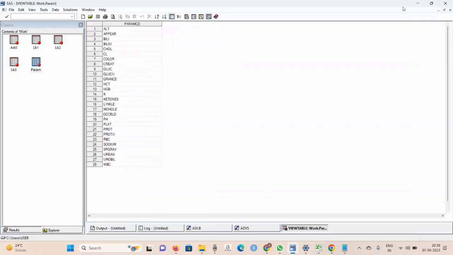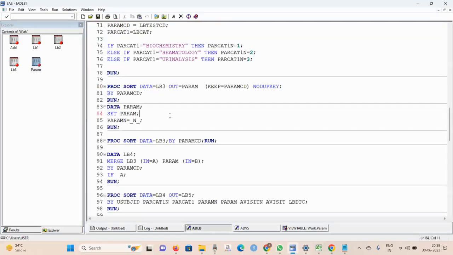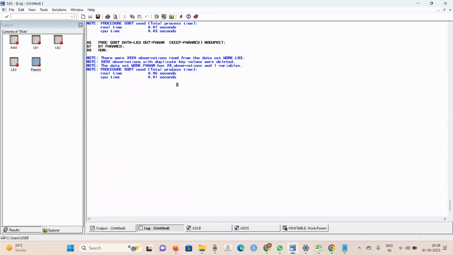So basically what I did here is keep only the paramcd in this data set, param. I'm removing any duplicates, because I'm trying to segregate the paramcd, so that's the reason I have 28 parameters here.